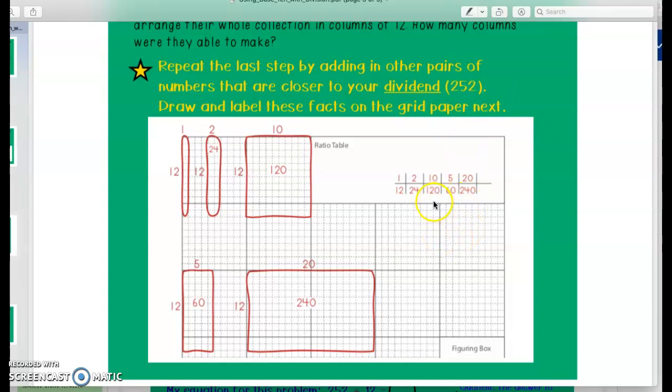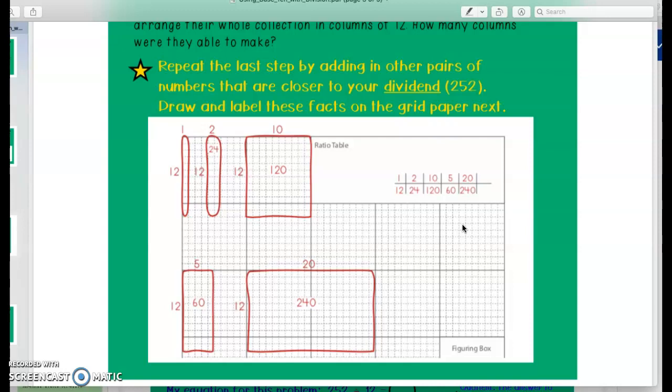Again, I'm going to remind you our goal is to get to 252. What would happen if I took 10 and doubled it to 20? Well, 10 groups of 12 is 120, so if I double 10, I have 20 groups of 12, and I take 120 and double it, and I get 240. Now that I'm looking at my table, I think I can solve my problem.